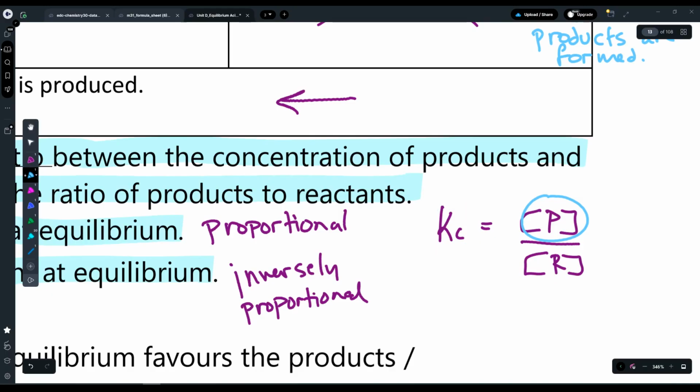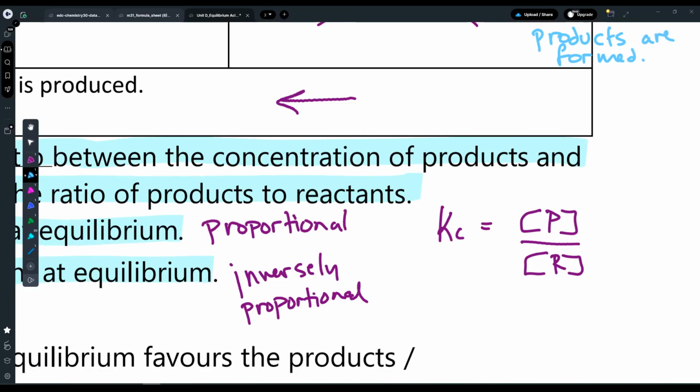If the concentration of your products goes down, then your equilibrium constant will decrease in value. So what happens to one happens the exact same to the other. When one goes up, the other goes up for two things that are proportional to each other. And likewise, when one of them goes down, the other one does as well. That's just what I mean by a proportional relationship.